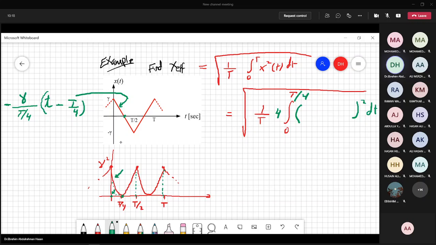When you square it, the negative sign becomes positive. This 4 goes up, squared it becomes 16 gamma square divided by T square multiplied by t minus T over 4, all squared.